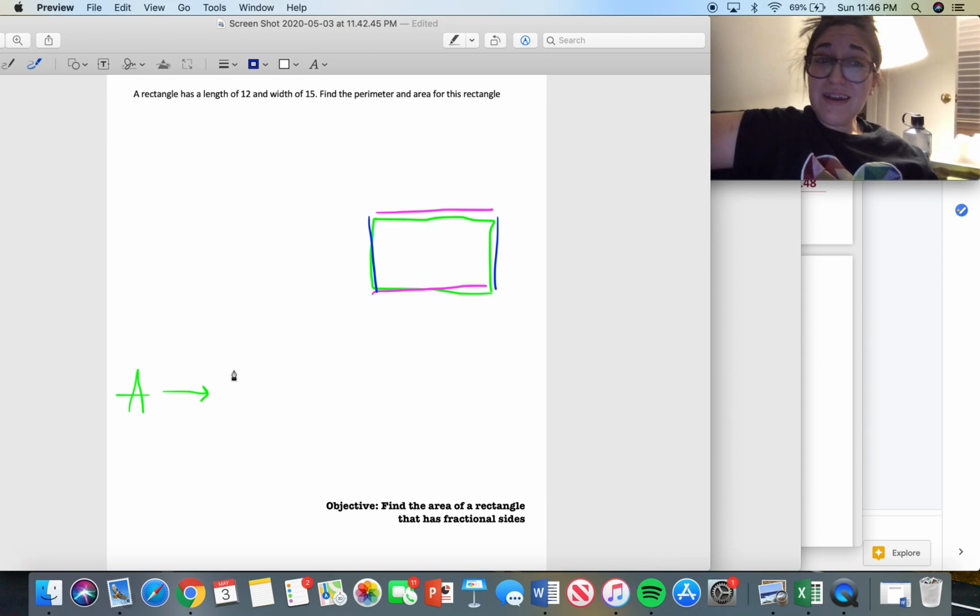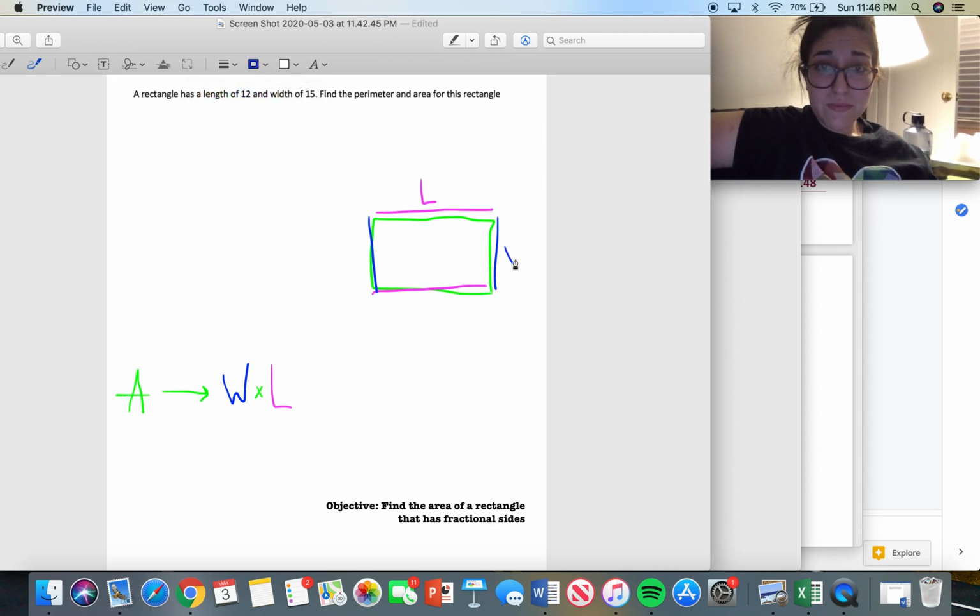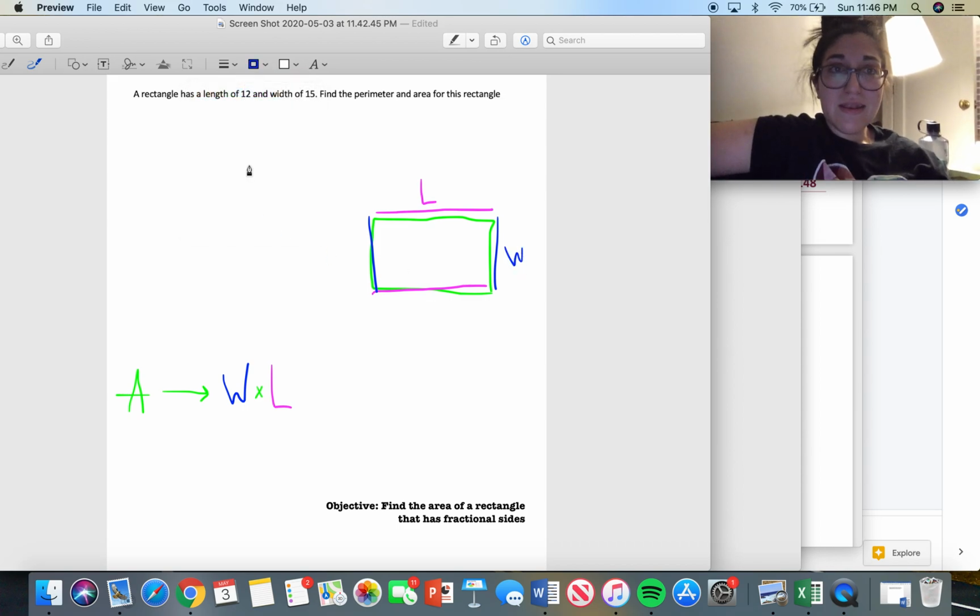In order to find area, what we do is we multiply the width times the length. So here's my length, here's my width. That's how we find area. We multiply the width and the length.